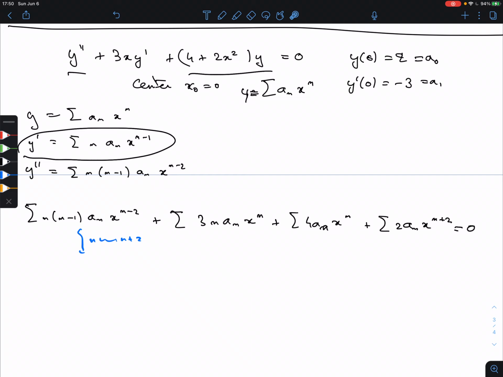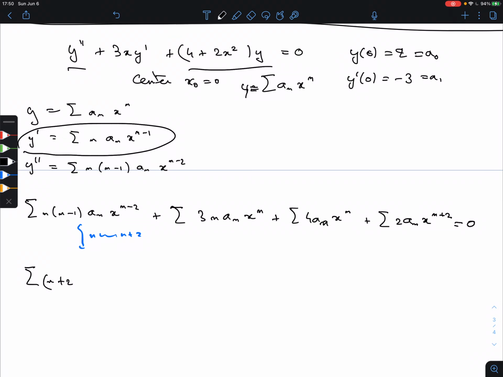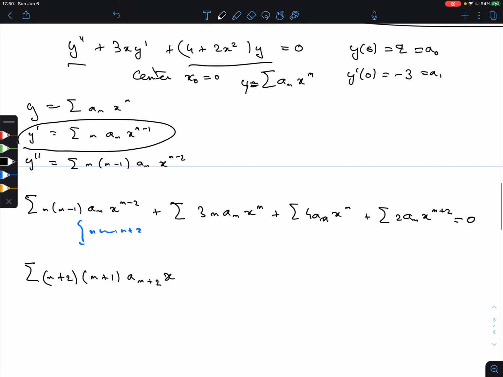Make sure that you do it the right way. The best thing is to just plug everything in and see that it works out. So this is n plus 2, n plus 1, n plus 2, and then we get x to the power n plus 2 minus 2. So this is exactly x to the n.